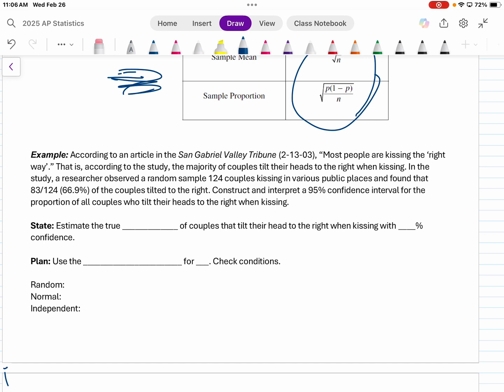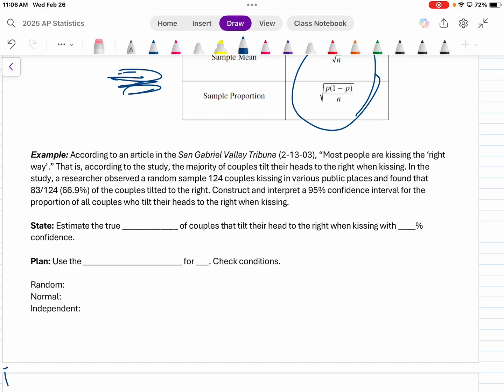In the study, a researcher observed a random sample of 124 kissing couples in various public places, and found that 83 of the 124, or about 66.9% of the couples, tilted their head to the right. Construct and interpret a 95% confidence interval for the true proportion of all couples who tilt their heads to the right when kissing.